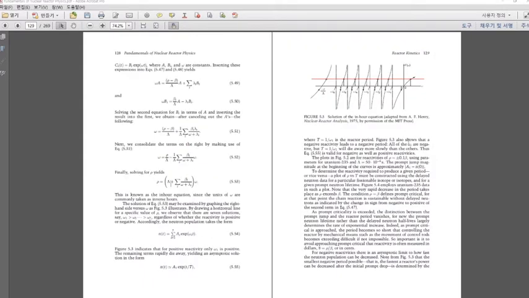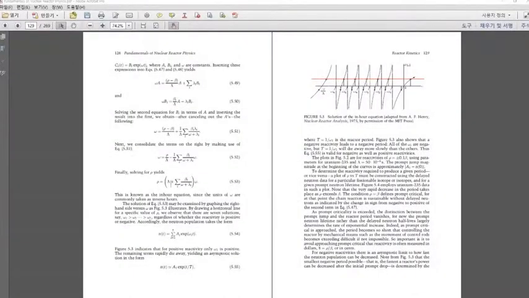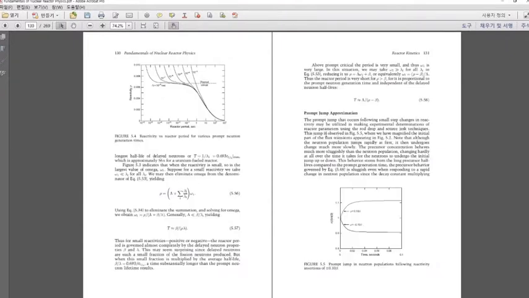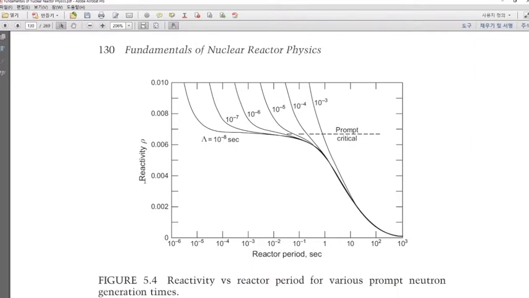The first thing that we should see here is that when the reactivity approaches 0.0065, that is the value of beta for uranium-235. When the reactivity reaches that value, beta, then prompt critical is achieved.